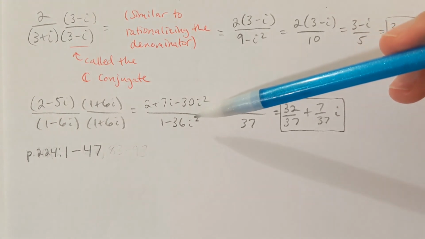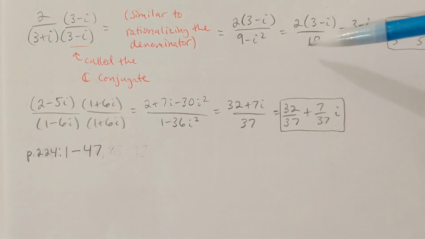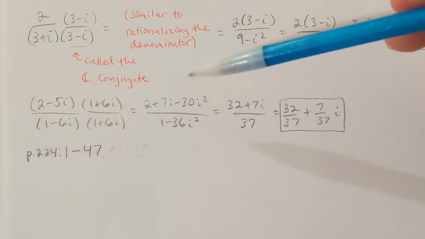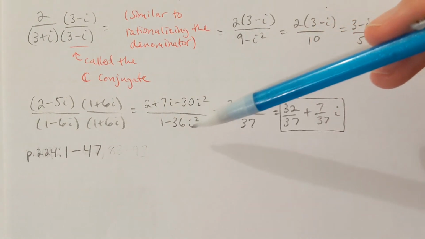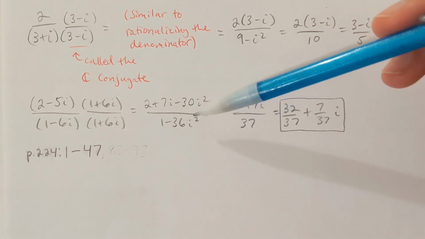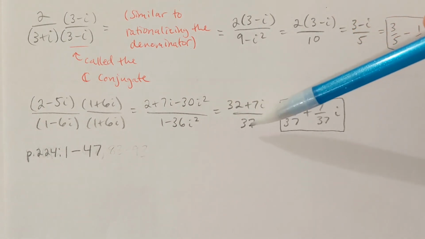So in the denominator, notice how anything involving i is going to go away. In the denominator, I've got 1 minus 36i squared. The middle term goes to 0. That's the same as 1 minus negative 36, or 1 plus 36, which is 37.